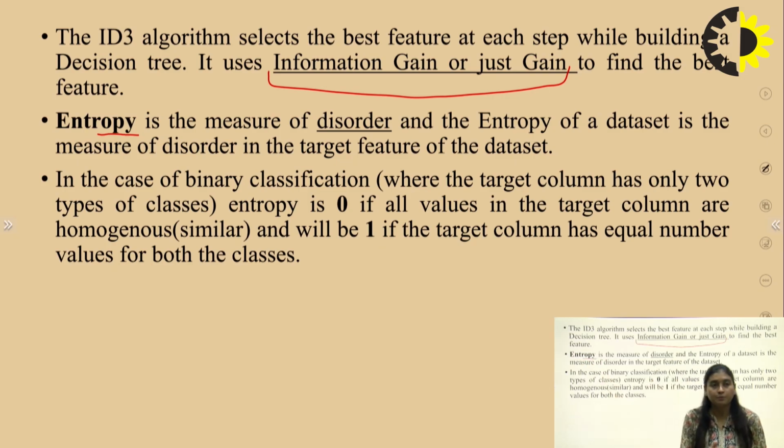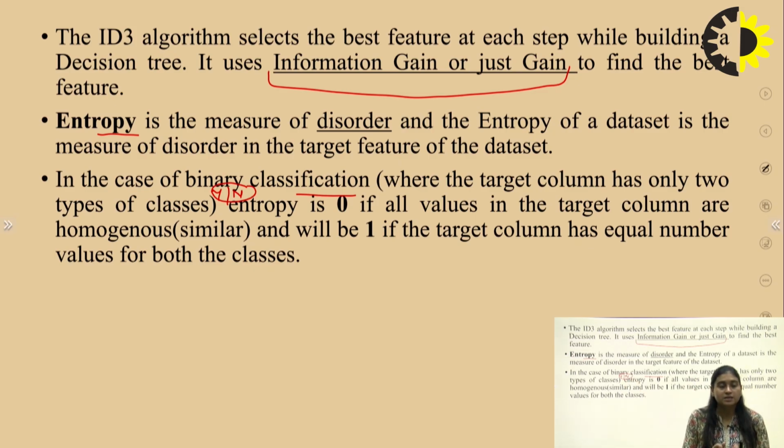So, entropy can be defined as a measure of disorder in the data set, or you can say in the target feature of the data set. For example, in the case of binary classification, where the target column has only 2 classes, yes or no, suppose we have 2 classes here, so that's a binary classification.